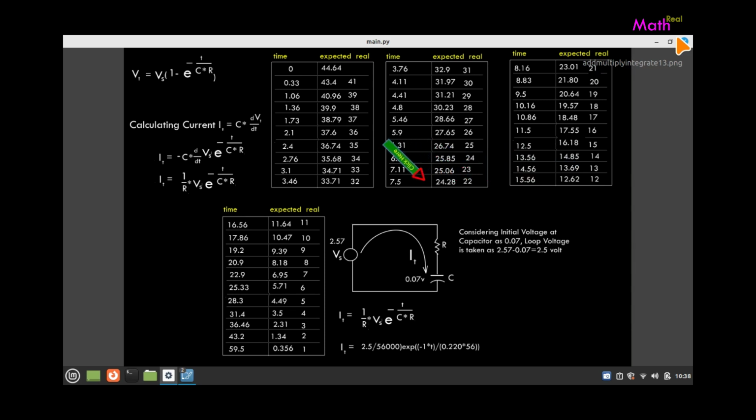This is what we are getting in the practical sense. And at the end of 59.5 second, the current reaches 1 microampere. This is what we saw in the video.